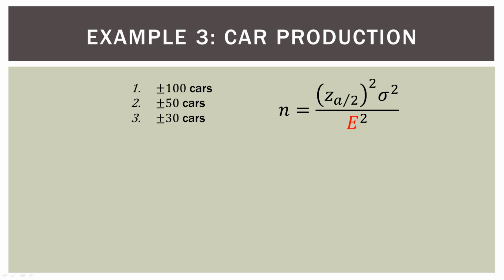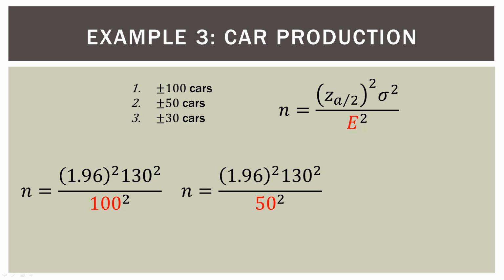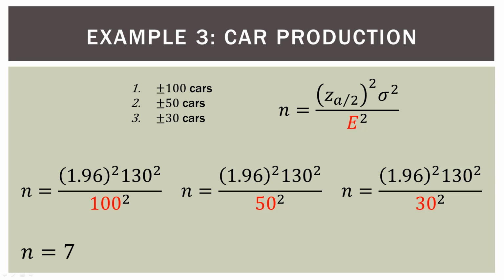Now we just repeat the process we did for the previous problem. We substitute the numbers in, and notice that everything stays the same except for the margin of error in the denominator. So what are our sample sizes? To be within 100 cars, to have a margin of error of 100 cars with 95% confidence, we would have to select 7 hours at random to find our population mean.